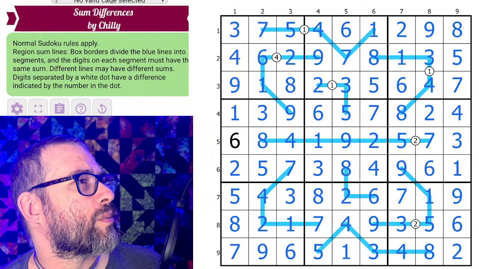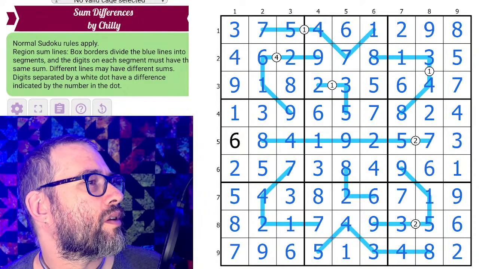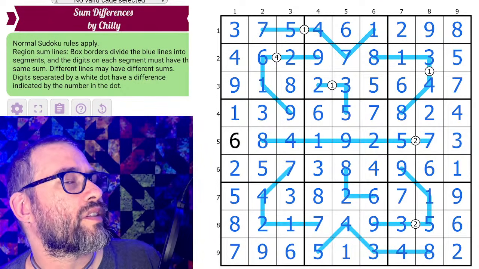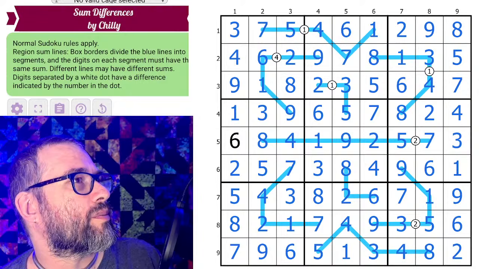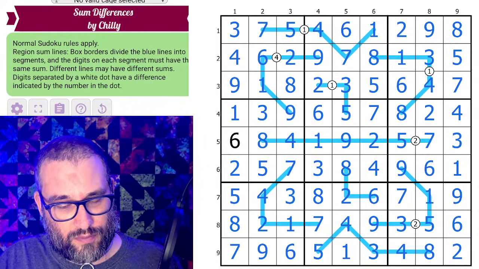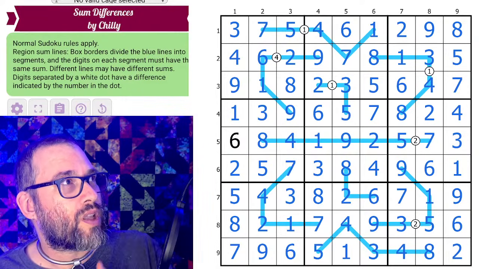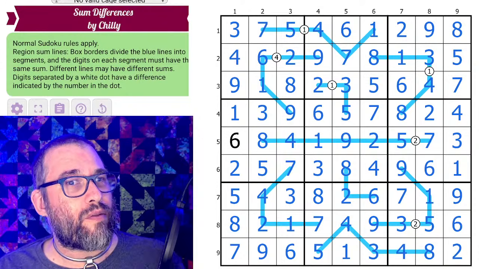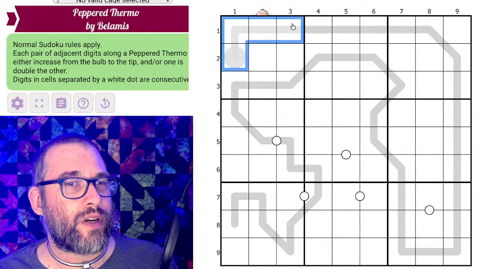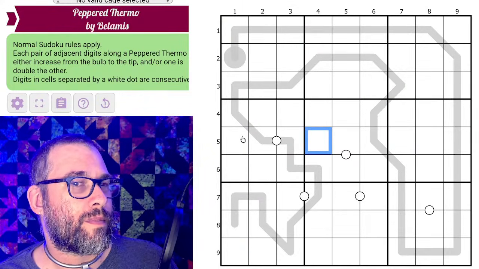Oh, there was this thermo variant. How does that work? Yeah, that's cute. Let's do this. So this is a thermo variant where adjacent digits on the thermo either increase or go down by half.